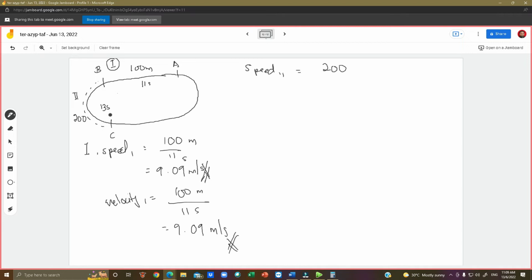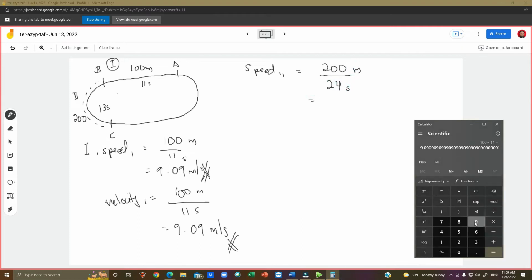Tak boleh ni, 13 sangat, terlalu cepat. 11, 23 saat lah. Okay. Now, the distance is 200. The time, 11 campur 13, which is 24 second. Okay, berapa kita dapat? Dia punya speed 200 over 24.